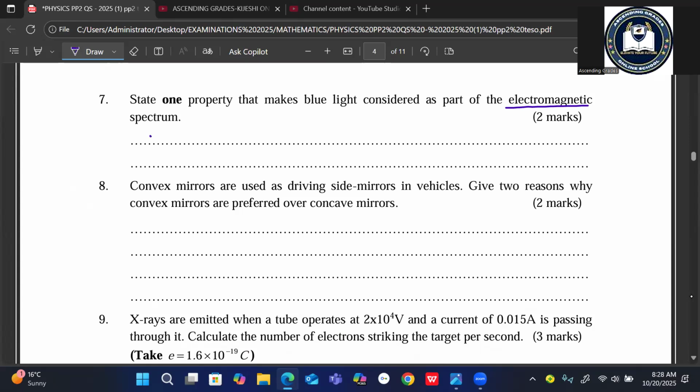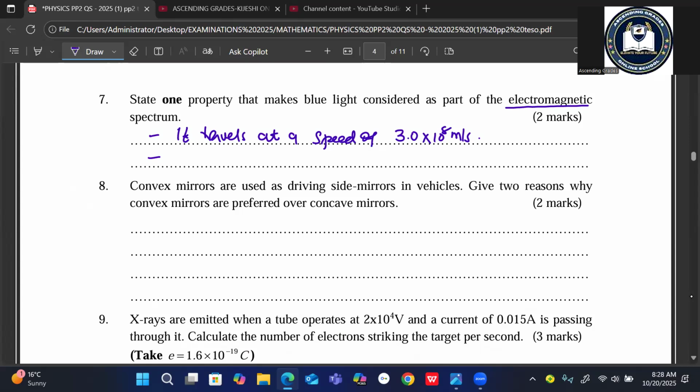Therefore, I can say it travels at a speed of 3.0 times 10 raised to power 8 meters per second.